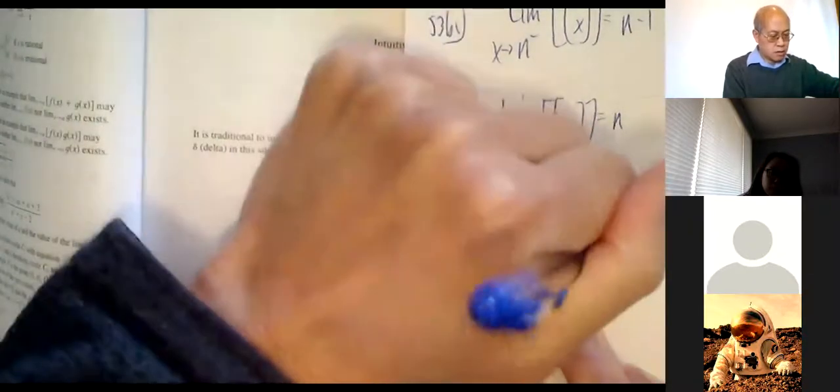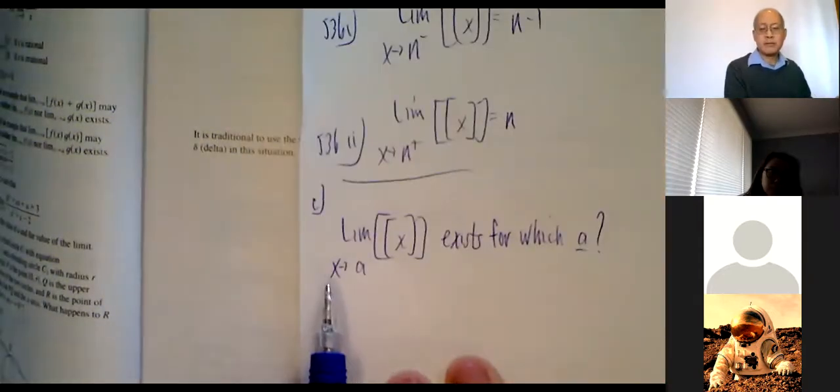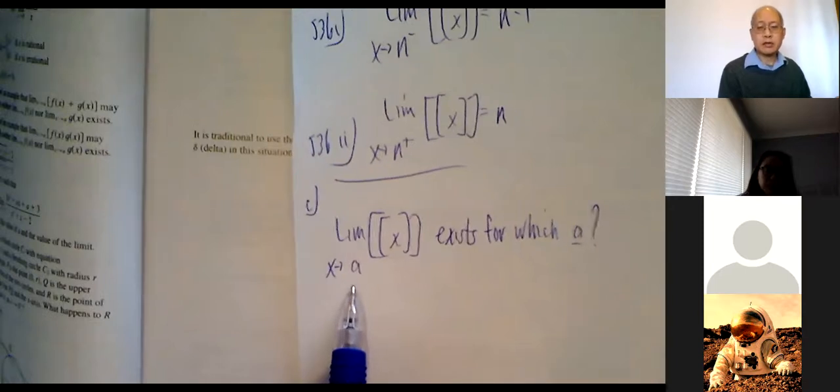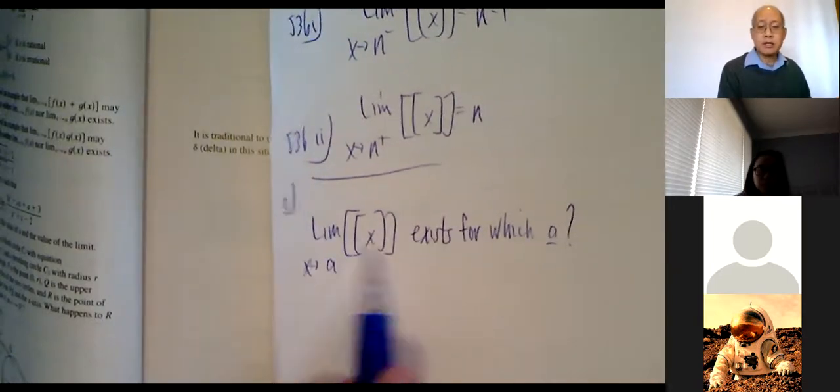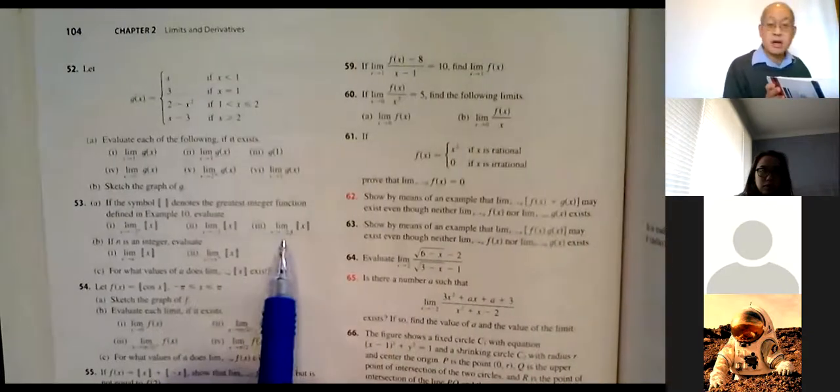Exists for which A. Limit as x approaches A, two-sided limit. Does this exist? Well, it worked for negative 2.4, didn't it? Negative 2.4, we got it?